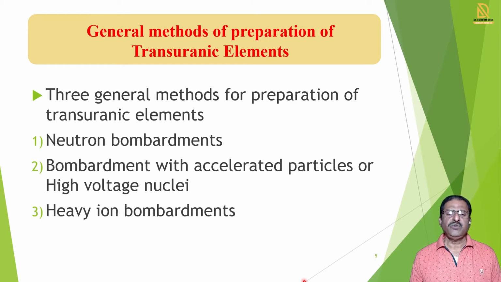First is neutron bombardment, which means we bombard neutrons on the target nuclei. The target nuclei are broken into smaller particles, and at that time other or higher elements can be prepared. The second method is bombardment with accelerated particles.